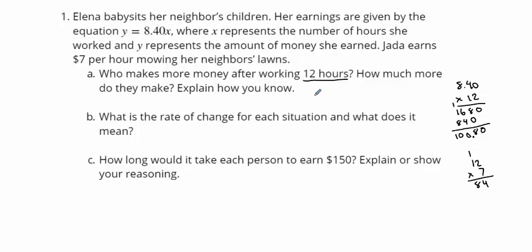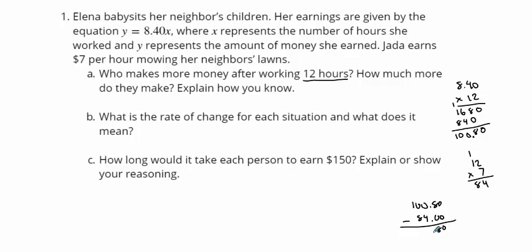So after 12 hours, Elena makes $100.80 and Jada makes $84. How much more do they make? So how much more does Elena make? Well, I just find the difference. 100.80 minus 84.